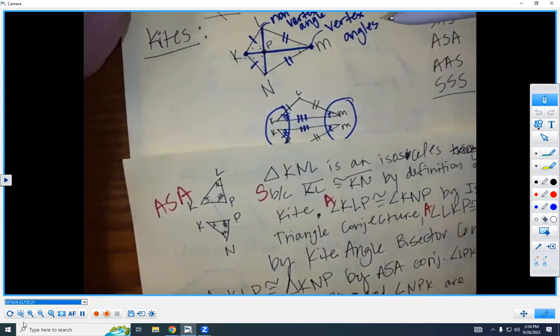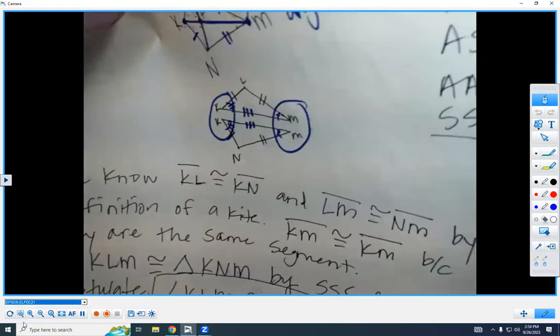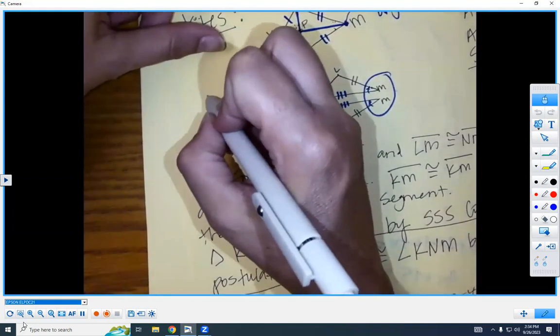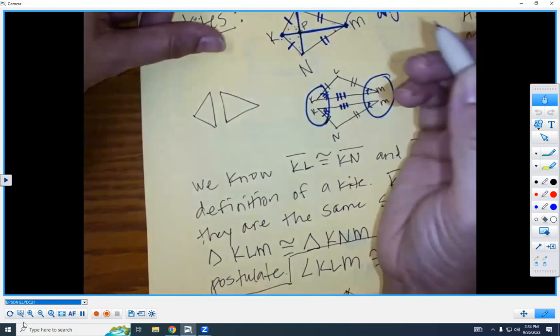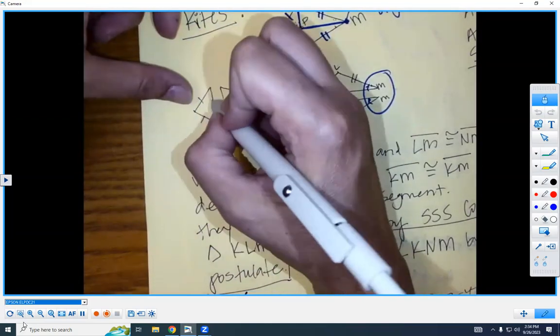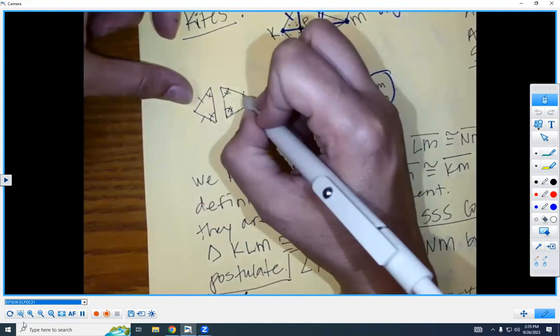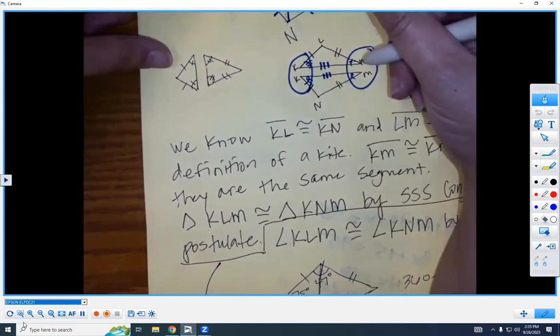So wouldn't that automatically make them perpendicular? Because KL and KN are congruent, and LM and NM are congruent. So she's breaking it up into isosceles triangles with congruent base angles, and then breaking it up this way also.